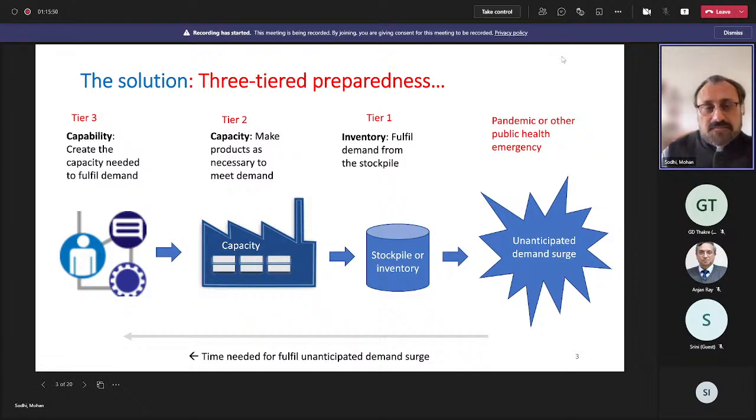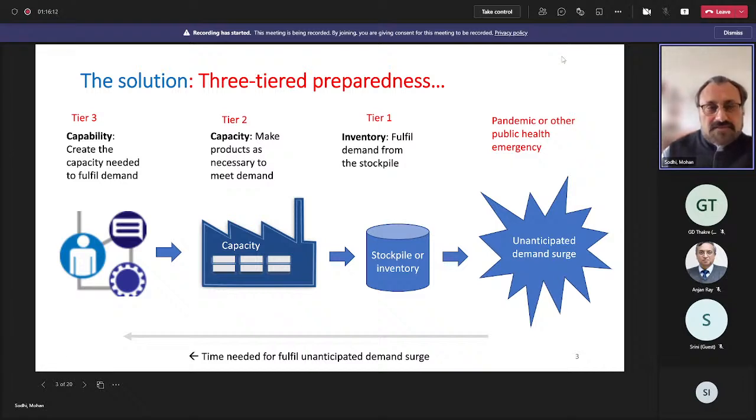It'll be met from there. But at the second tier is capacity to create inventory. Now, this capacity has to be domestic because if it's a global pandemic, other countries cannot supply you the goods. And again, we've seen that during COVID.